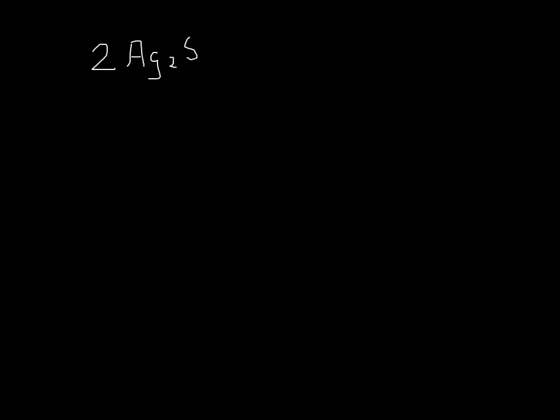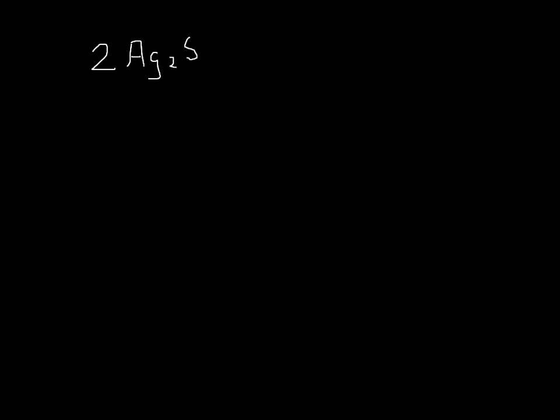That's a compound or a molecule of silver sulfide. The 2 in front of it simply tells us that there are 2 of these molecules or compounds in the formula. So let me draw that out for you.